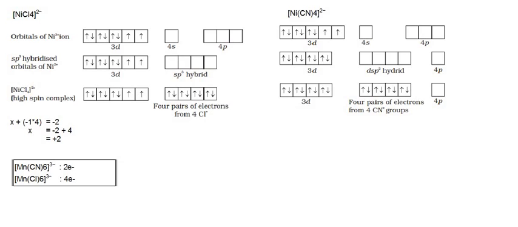Now, [Fe(CN)6]3- and [Co(ox)3]3- are inner orbital complexes involving d2sp3 hybridization. The former complex is paramagnetic and the latter is diamagnetic.